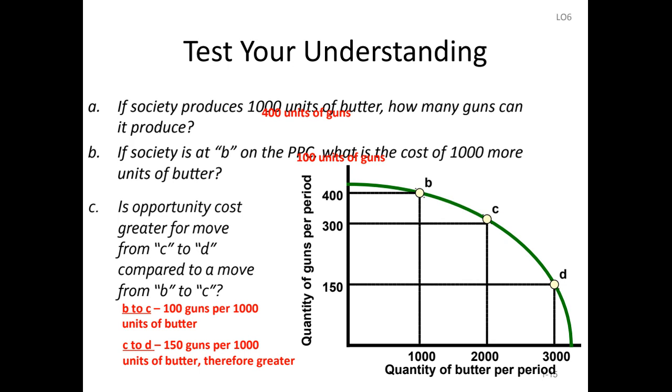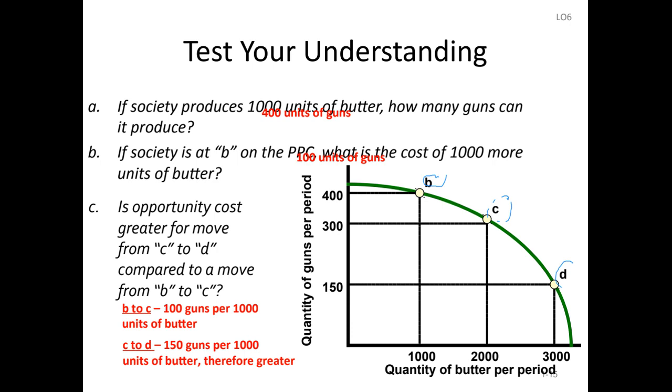Notice these 3 points, B, C, and D. These 3 points are on the production possibility curve, on this green line, right? That is why I call it the frontier.